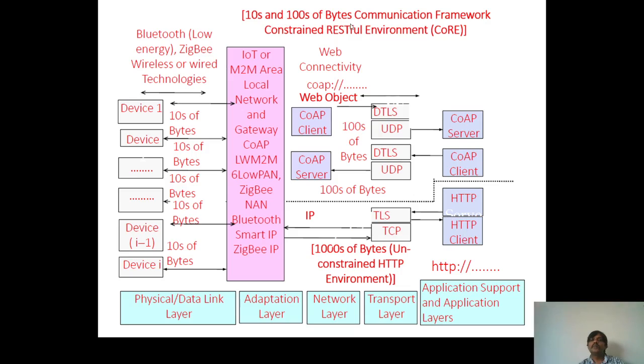For tens and hundreds of bytes, the communication framework is the constrained RESTful environment. For this communication, Bluetooth, Zigbee and wireless technologies will be used to connect to the devices. So here are the layers: physical or data link layer, then adaptation and network, transport, application support, and application layers.